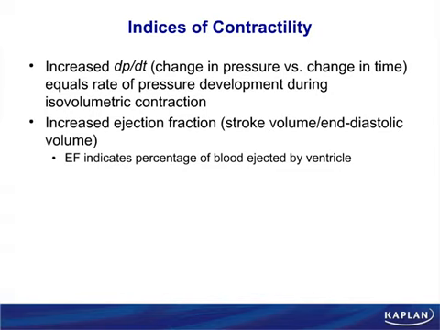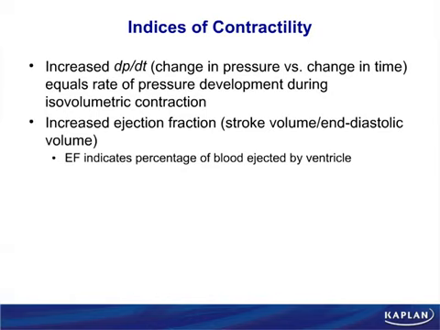Stroke volume is how much blood I eject out. So in other words, it's what fraction or what percent of the blood in the ventricle gets ejected. That's ejection fraction. So if ejection fraction goes up, that suggests an increase in contractility. If it goes down, that suggests a decrease in contractility.